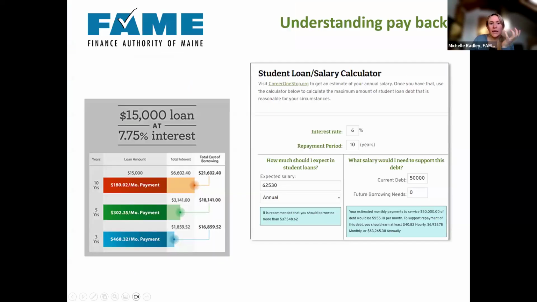And then, when you're looking at loans, the biggest thing that you're really going to want to talk about is understanding payback. Again, I'm sure that Jess will talk about this next month, but understanding interest rates and repayment periods are huge. And then really getting an idea of if that is something that is manageable based on what type of salary the student is going to be making after college.